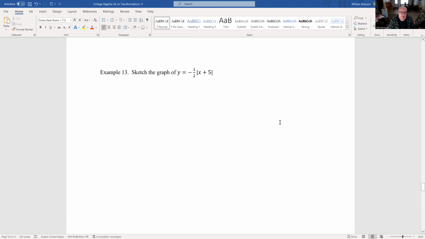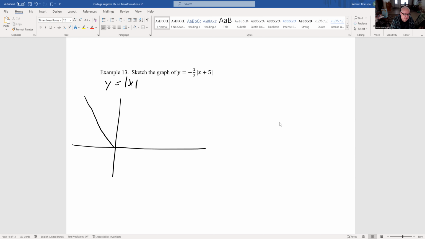What about this? Well, our base graph here is y equals absolute value of x. And it looks like that. So inside, that means left 5 units.